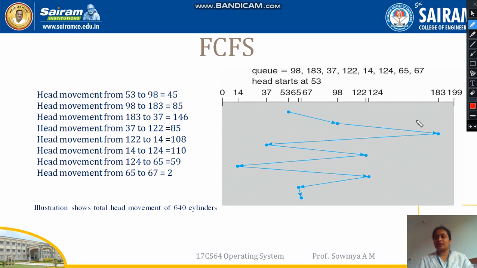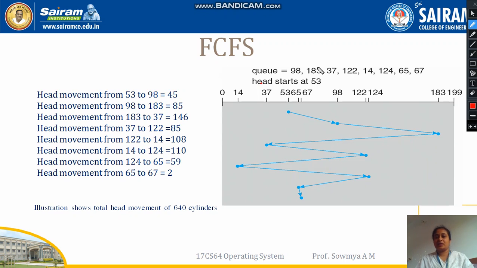This is a graph plotted on the magnetic disk, which runs from address 0 to 199. This is the limit of the track, and your head on the track is at position 53. This is the queue of positions to which the head has to be moved.